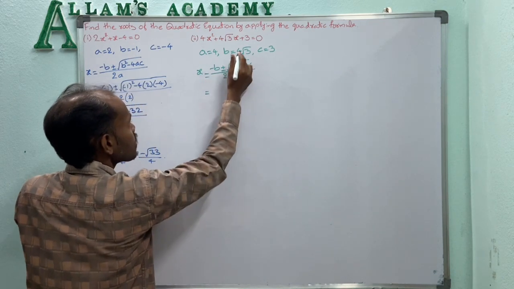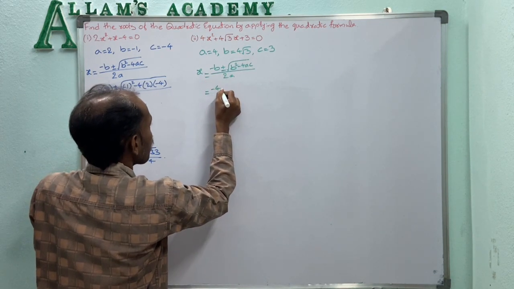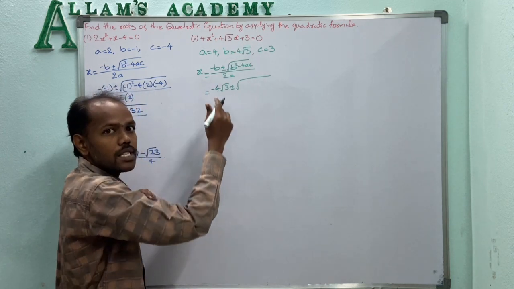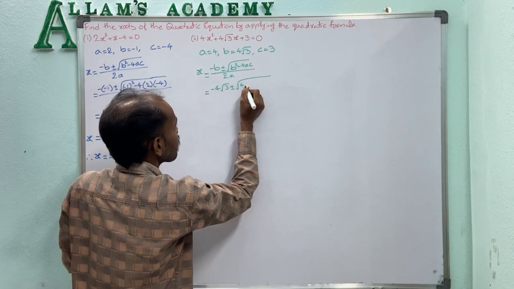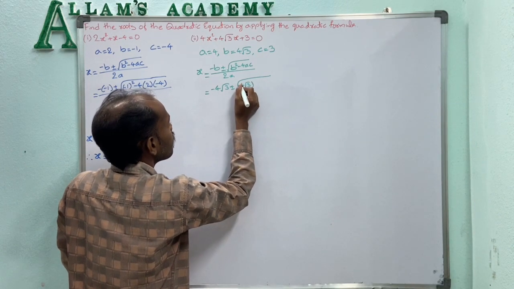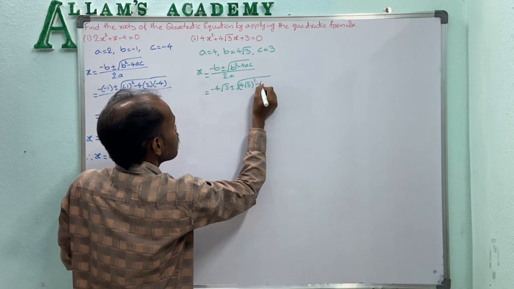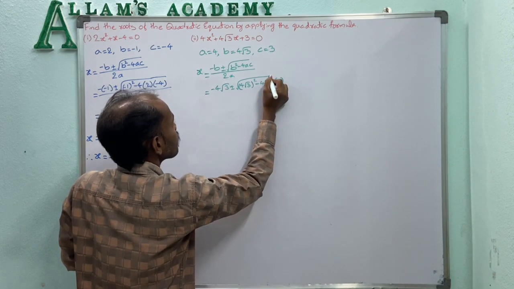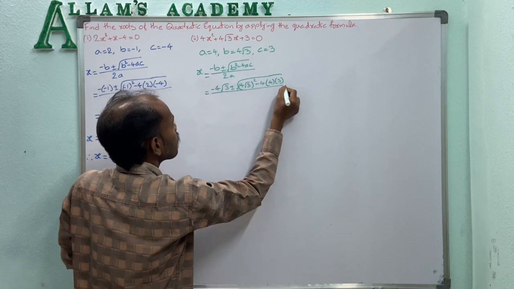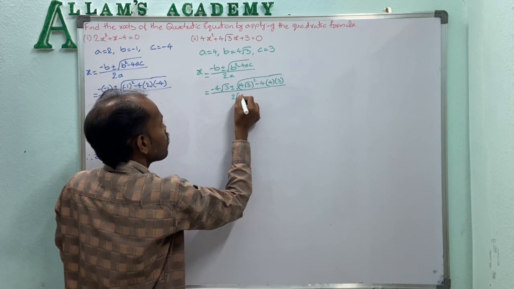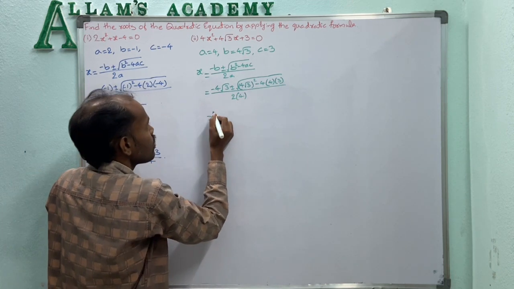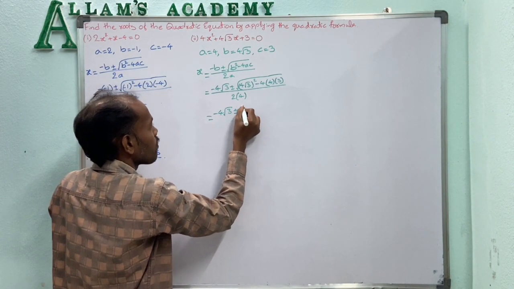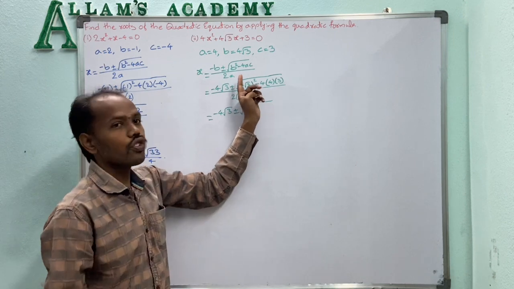So here b is 4 root 3. So minus 4 root 3 plus or minus under root b square, that means 4 root 3 whole square, minus 4ac. So 4 into 4 into 3, by 2a, 2 into 4. So minus 4 root 3 plus or minus under root 4 root 3 whole square.